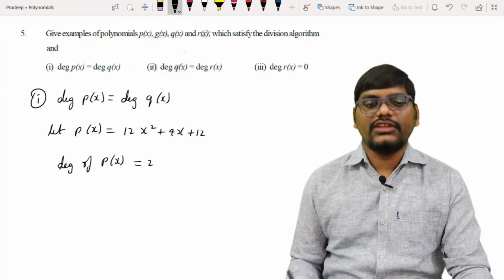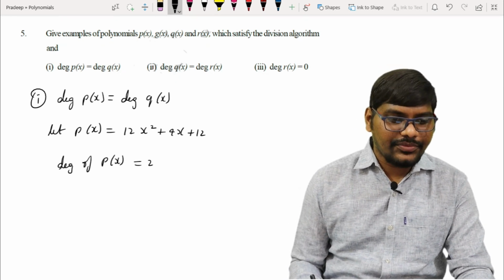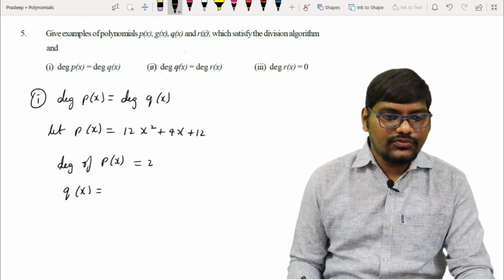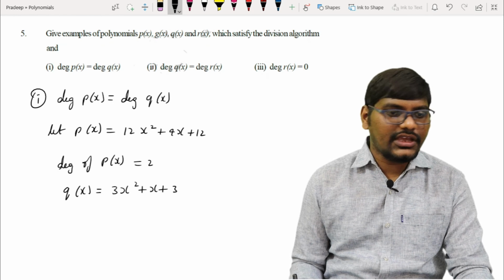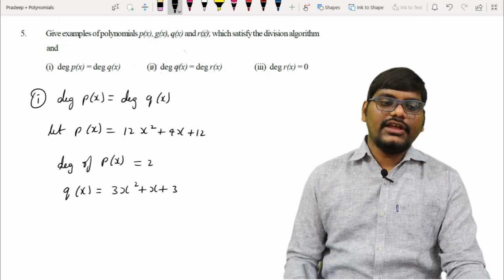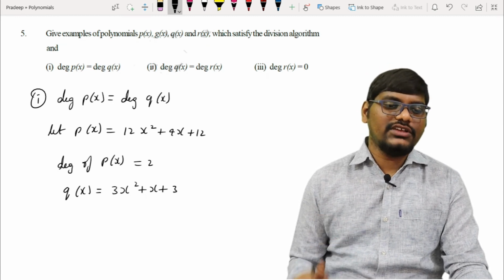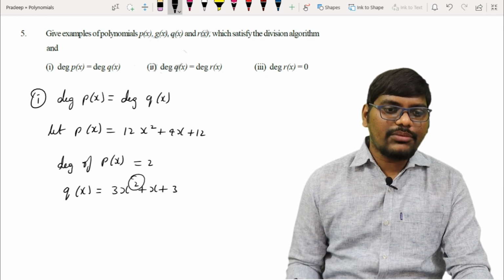So same we'll take for the q of x also. They ask us for the q of x now, we'll just take for the same. So I can write q of x equal to 3x square plus x plus 3, something I took. So here the power is 2 again, which means the intention here is that degree of p of x and q of x should be equal. For the reason, I just took some random equation where I took the power as 2.